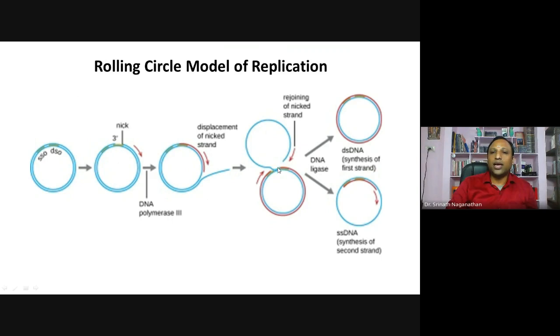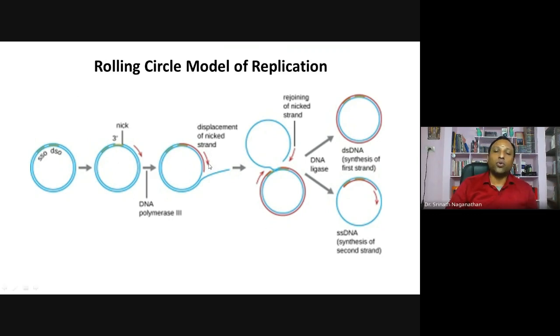Once the rolling has occurred, the other strand also starts synthesizing. Then the nick will be formed where the first strand will be separated, and we will get double-stranded DNA. The other strand, the newly synthesized strand, again undergoes the other strand formation, and we will get double-stranded DNA.